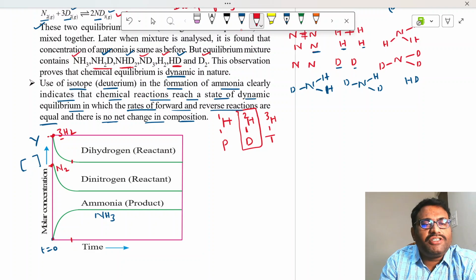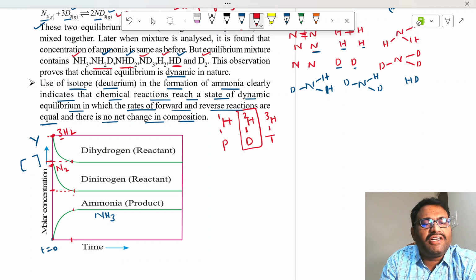As the time proceeds, what happens? Hydrogen and nitrogen combine. That means the concentration of hydrogen as well as nitrogen decreases. See, nitrogen concentration is decreasing, hydrogen concentration is also decreasing. And nitrogen and hydrogen combine to form what?